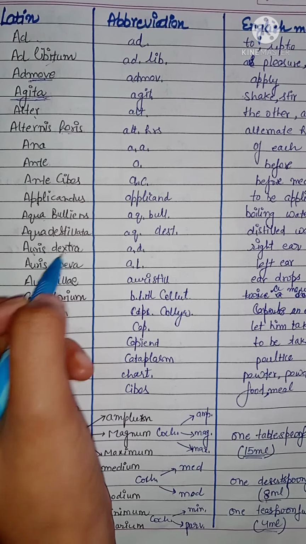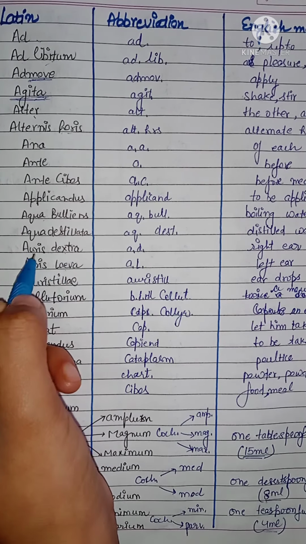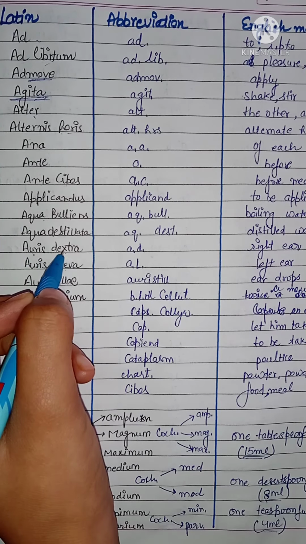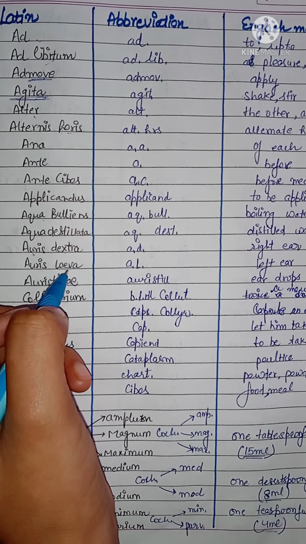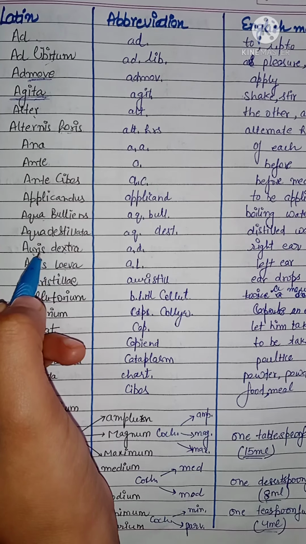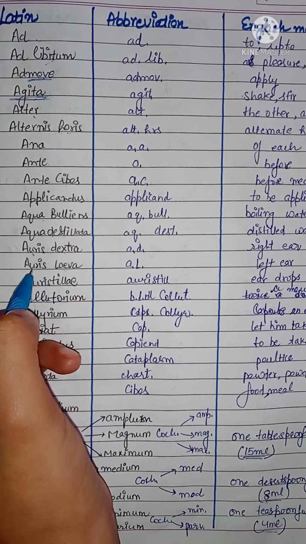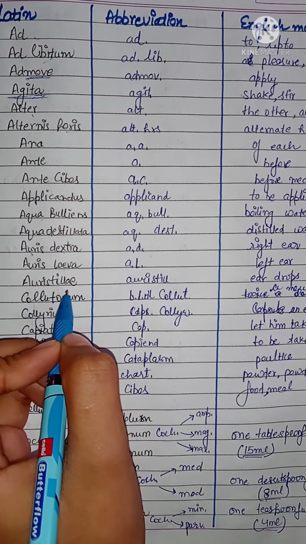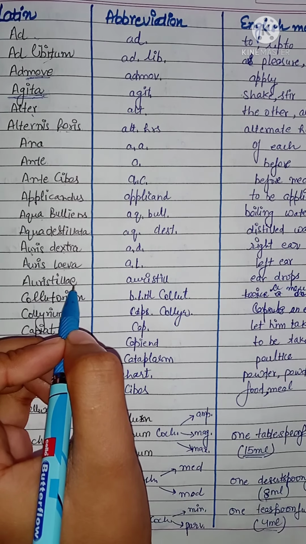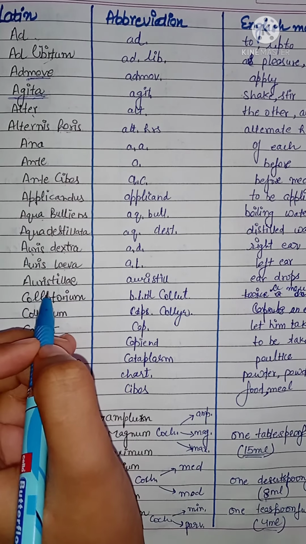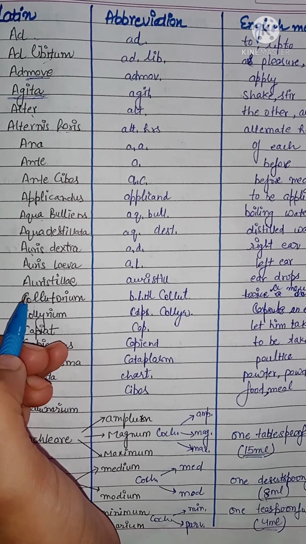Next we have auris dextra and auris laeva. The word auris means ear, dextra means right, and laeva means left. So it means right ear and left ear. Auristilla is a term which is used for eardrops, and eardrops are most commonly used when a person is suffering from ear infections.